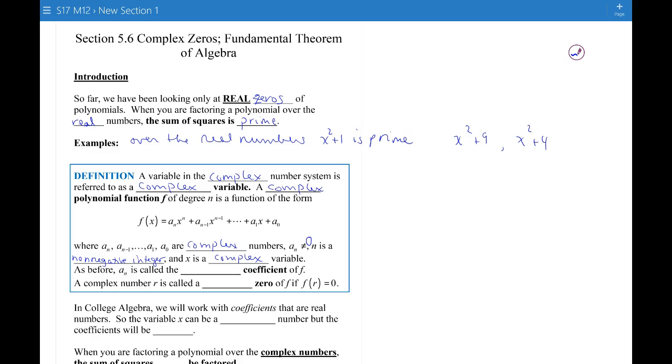So as before, we call the a sub n the leading coefficient, the one that's in the front when we write them in order by degree decreasing. And a complex number r is called a complex zero of f if it's true that f of r equals 0. So keep reminding yourself that f of r equals 0 means r is a zero of f, and x minus r is a factor of f.